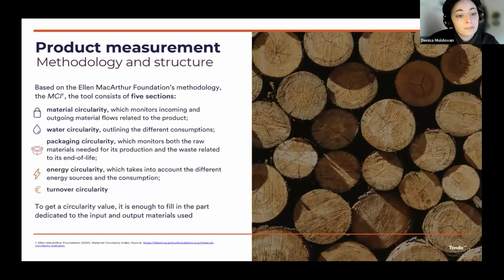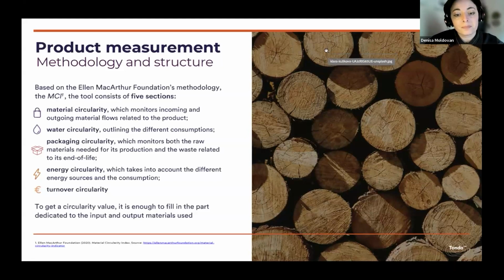The packaging circularity, analyzing the sustainability of packaging materials and their recyclability, and then the energy circularity and the turnover circularity.